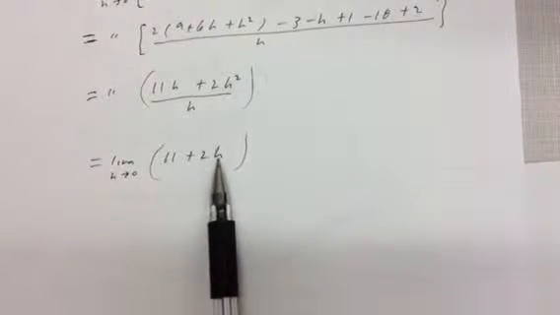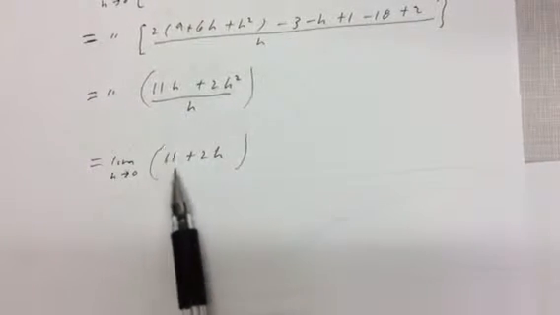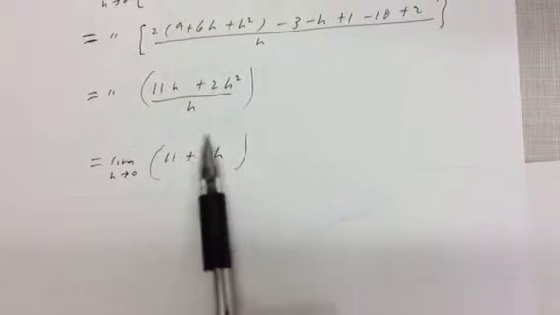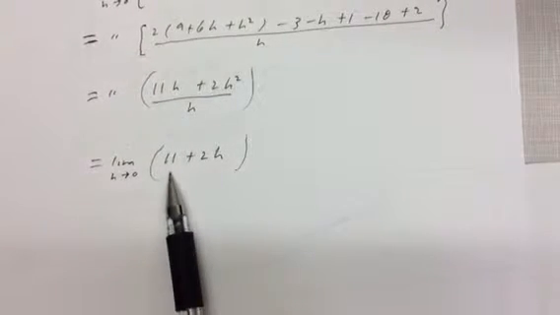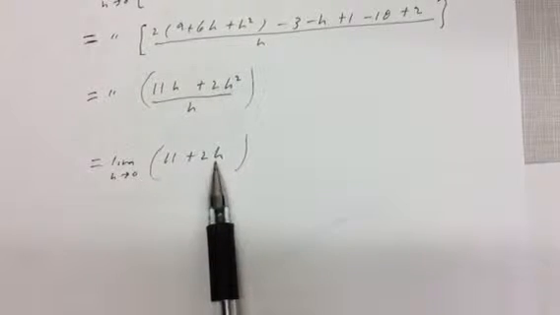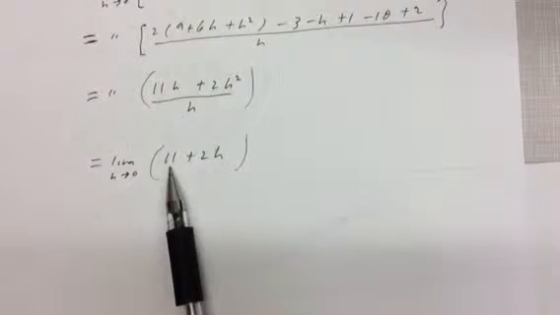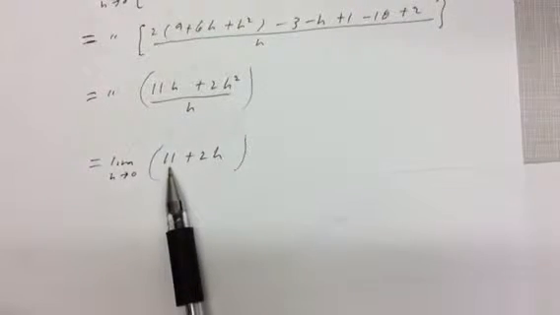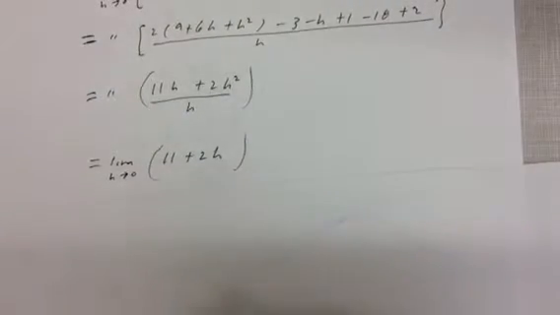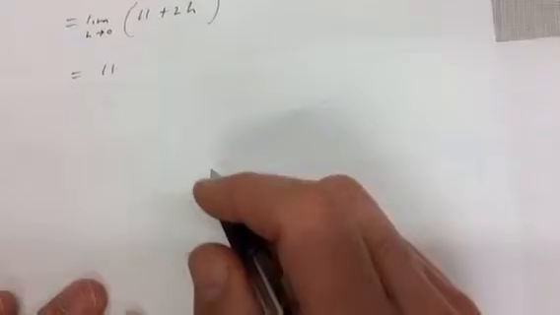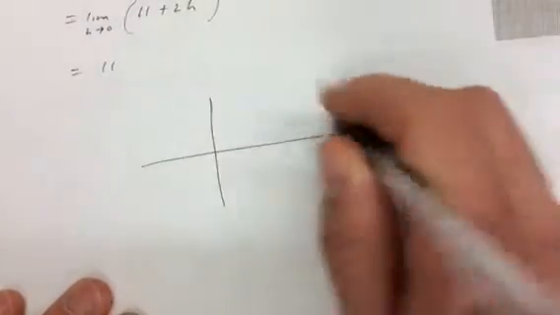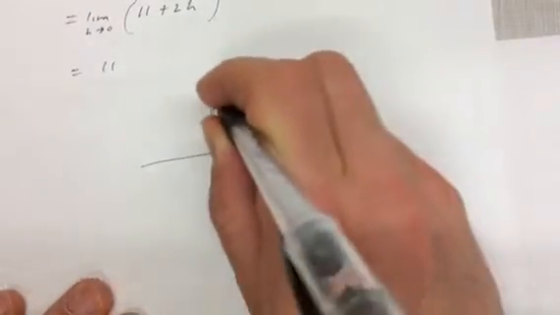As h approaches 0, the value of this expression keeps getting closer and closer to 11, because this becomes negligible. And the limit is 11.